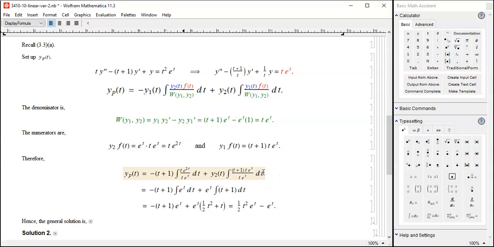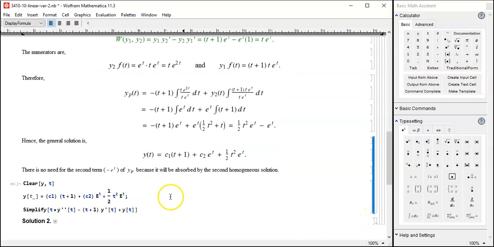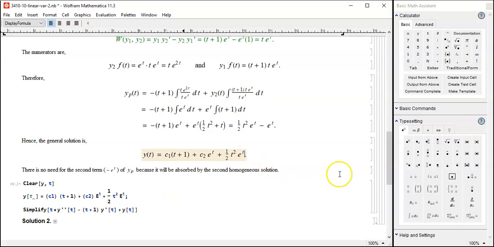Not too bad, you have a lot of cancellations. So easy computation, and then you end up with this. That's your particular solution, yp. So once you have the particular solution, then you have c1y1 plus c2y2 plus yp, and here's your general solution.